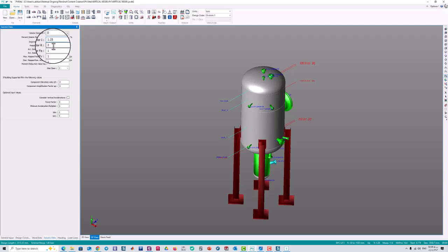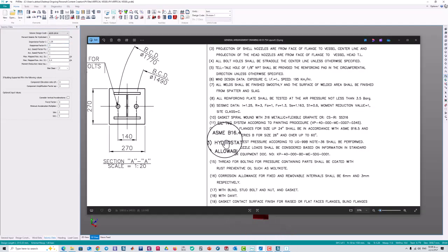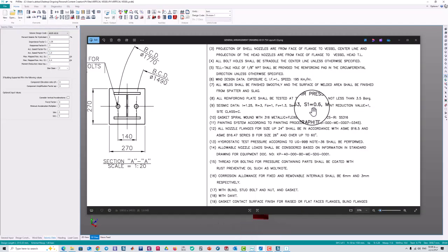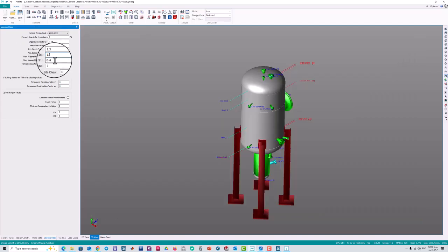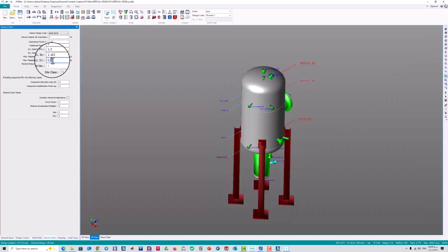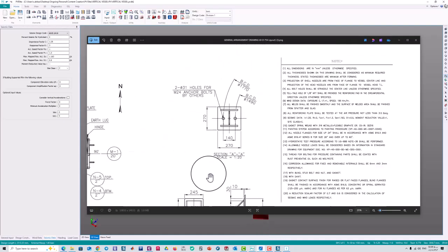The importance factor is 1.25. R equal to 3, FA equal to 1, FV 1.3, SS 1.163, and S1 is 0.6.